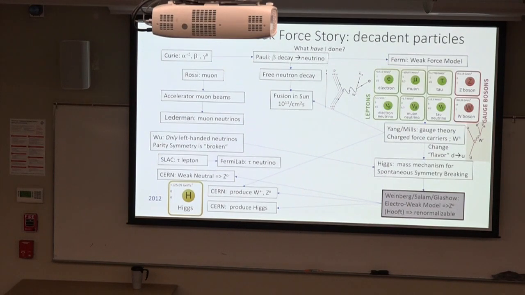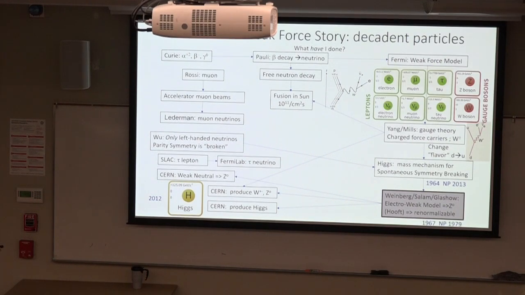And that happened in 2012. They actually found it. Peter Higgs did his paper in 1964. He got his Nobel Prize in 2013. So it was a long slog to get to this bit. But now we have everybody in the family.